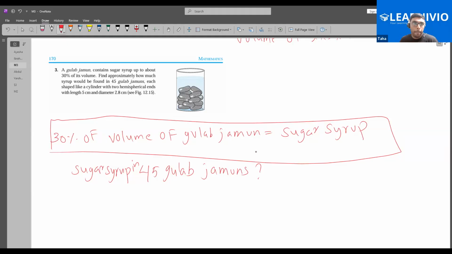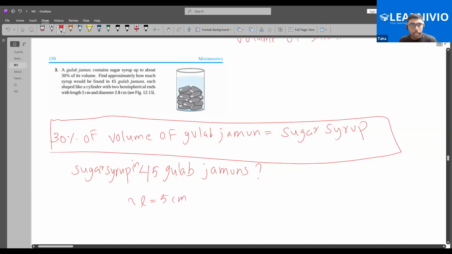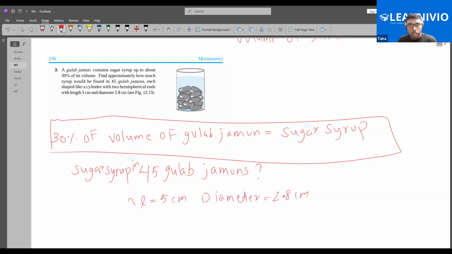The length is 5 centimeters and the diameter is 2.8 centimeters. Now we are being asked to find the volume of 45 gulab jamuns, that is, how much syrup is there in 45 gulab jamuns.